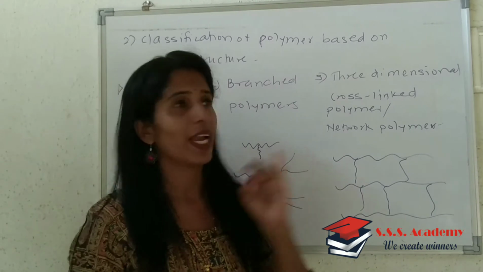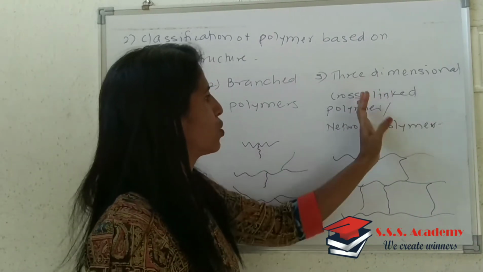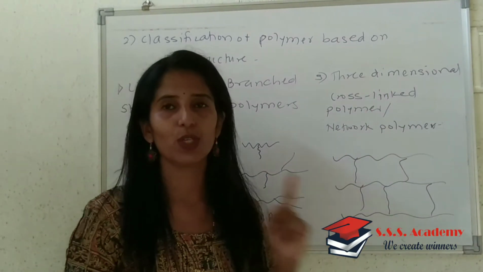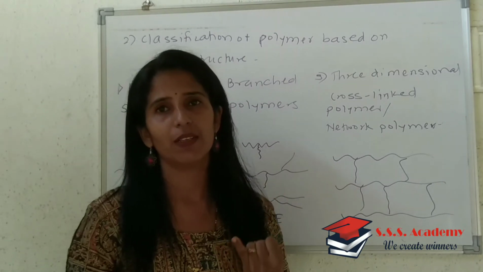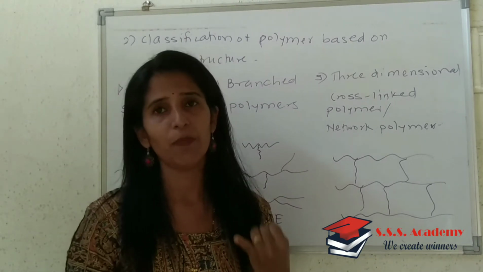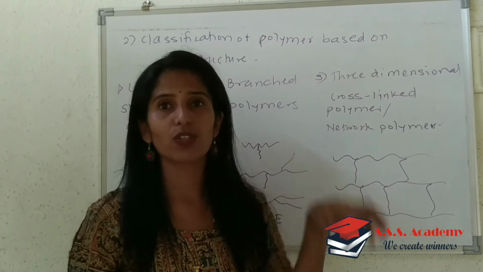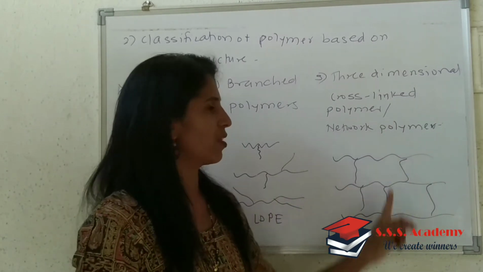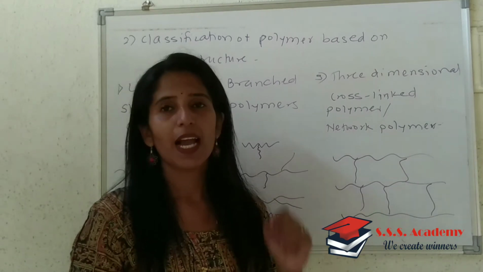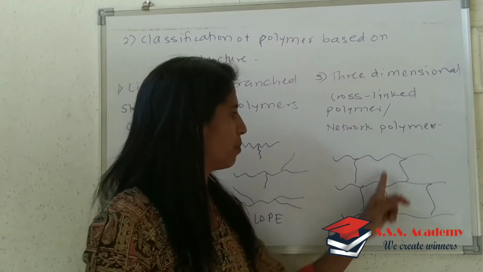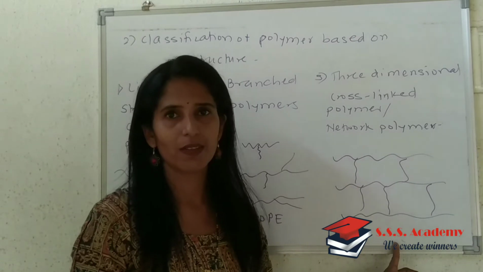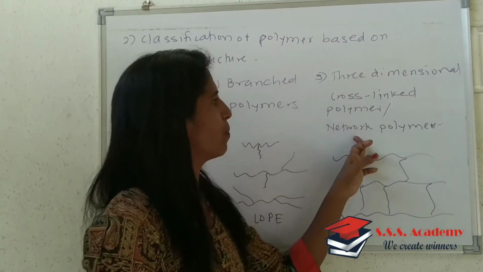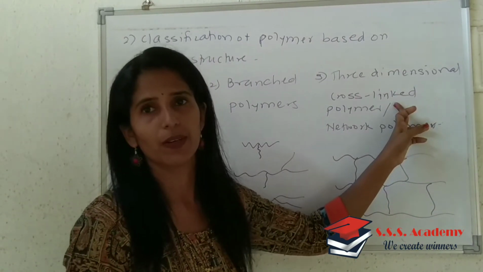So while writing about 3-dimensional cross-link polymer or network polymer, you will write that the monomer required must be polyfunctional in nature, and the polymer so formed is said to possess a network-like structure, therefore it is called network polymer, and small cross-links are formed in between these polymeric chains. Okay, so that refers to the network polymer or the cross-link polymer.